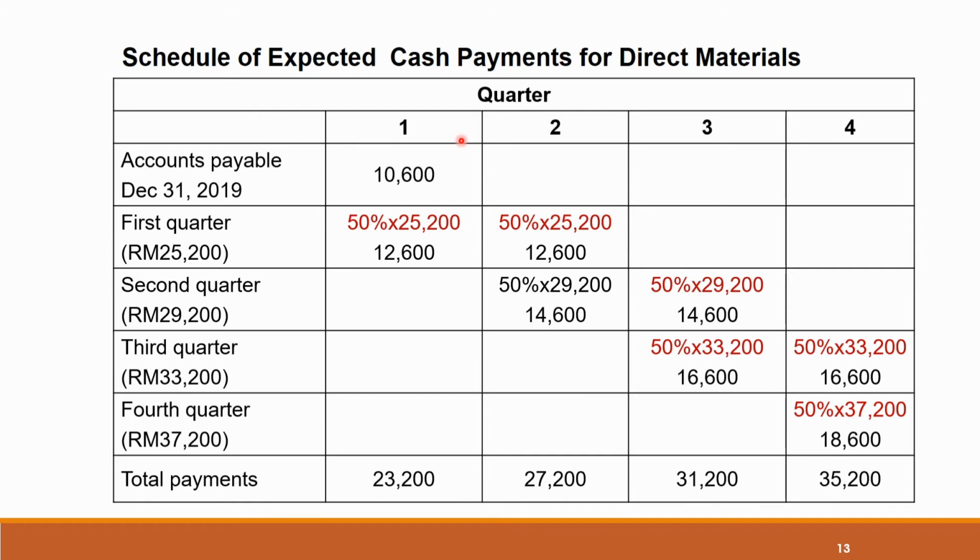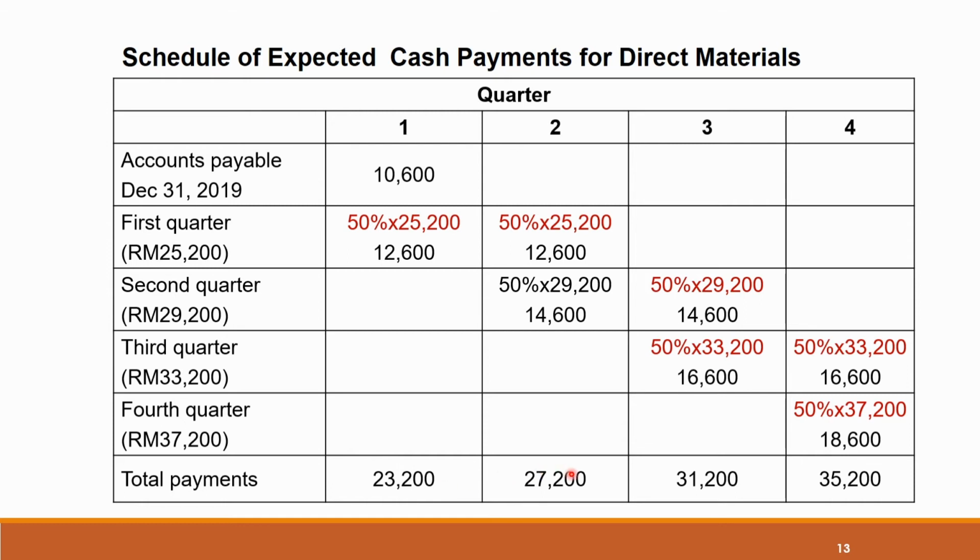So what should you do from this schedule? You have to add all the payment for the first quarter. So you have to add the beginning balance for 2020 plus the payment that we have made, 12,600, and you will get the total of 23,200 for the first quarter.